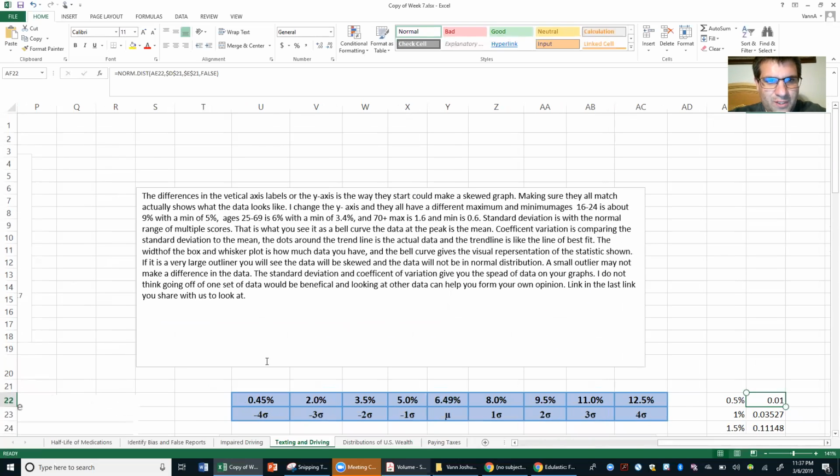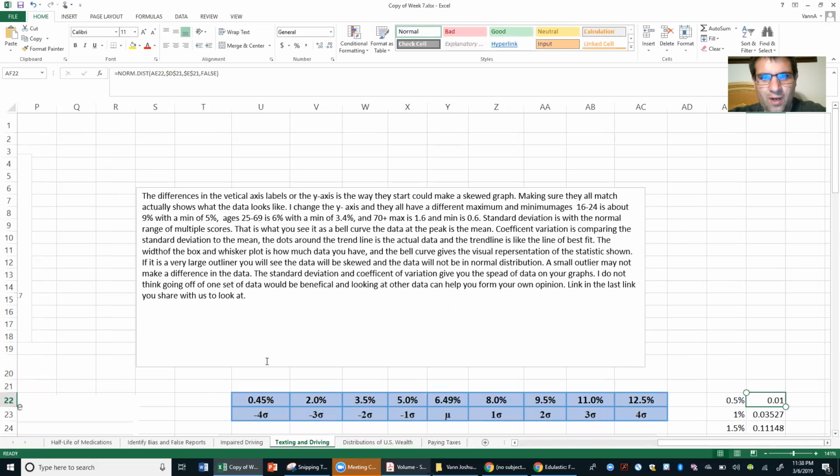The differences in the vertical axis labels, or the y-axis, are the way they start. As they start, that could make a skewed graph. Making sure that all match actually shows what the data looks like.